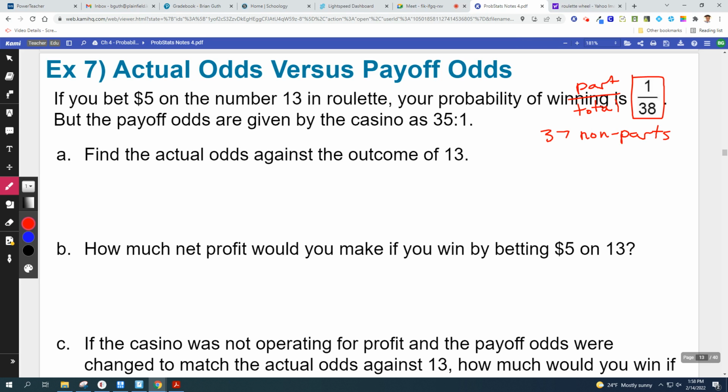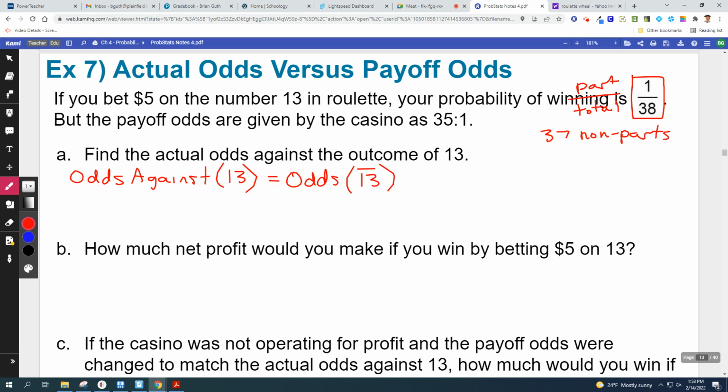So I guess the question is, is the 37 on the top or on the bottom? Let's look at the actual formula. The question says: find the odds against an outcome of 13. I would rather write it like this.